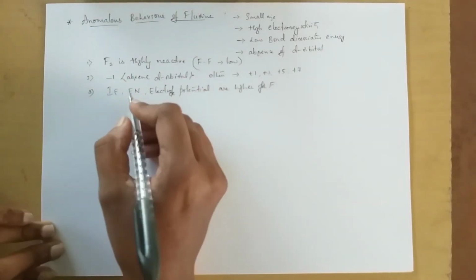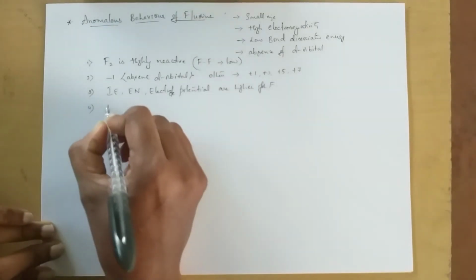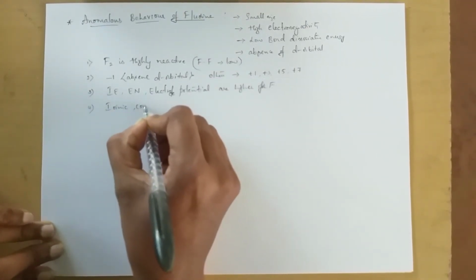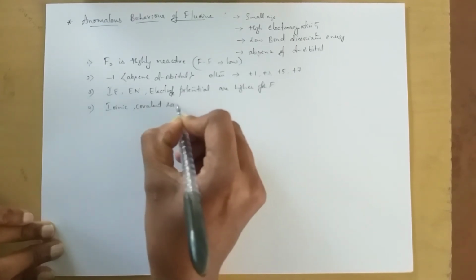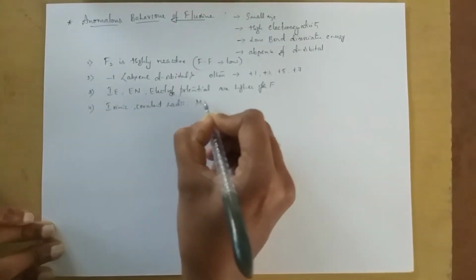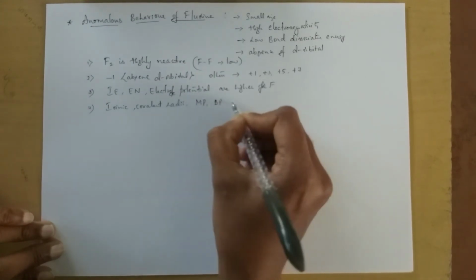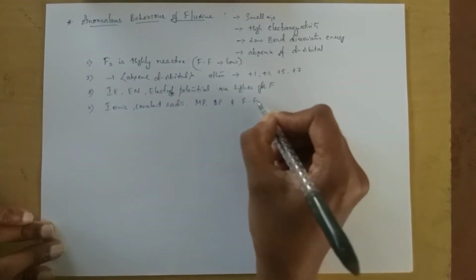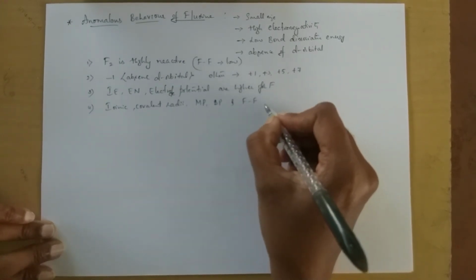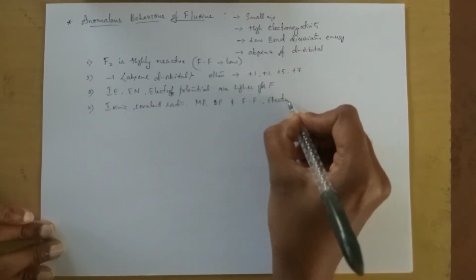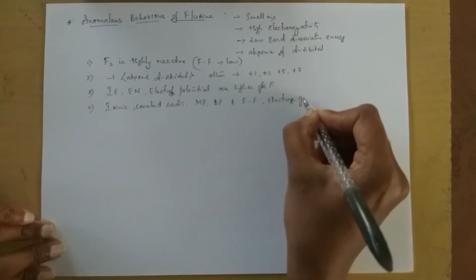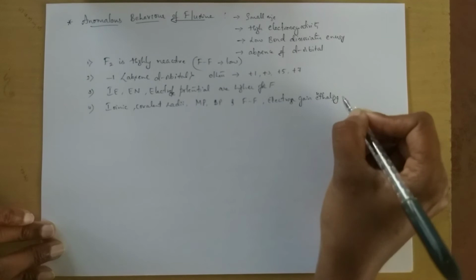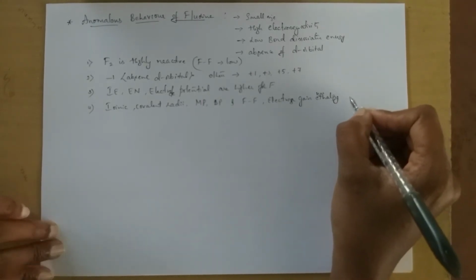Then even ionic and covalent radii, melting point, boiling point and bond dissociation enthalpy, that is F-F dissociation enthalpy, then electron gain enthalpy, these are lower than other halogens.